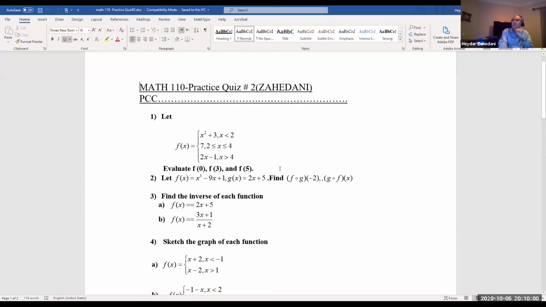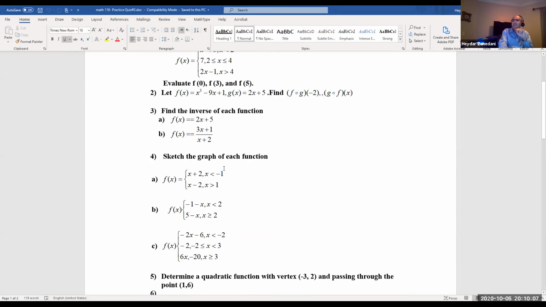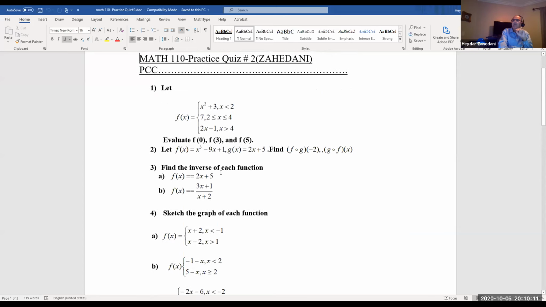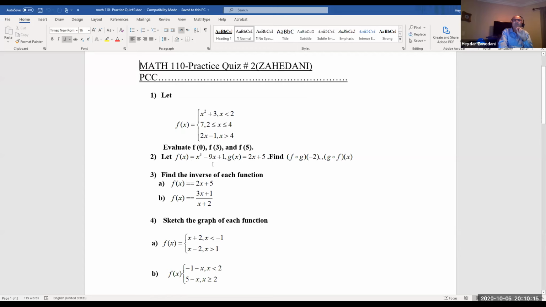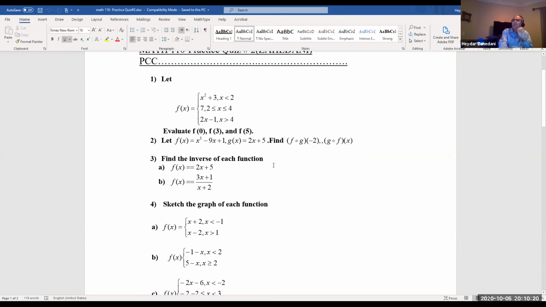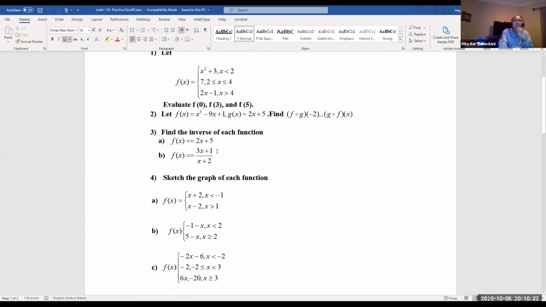So we need the piecewise defined function: evaluation of the piecewise defined function and sketching its graph. That's the 2 questions. Then composition of 2 functions, really an easy one. The inverse function, remember, easy to find.